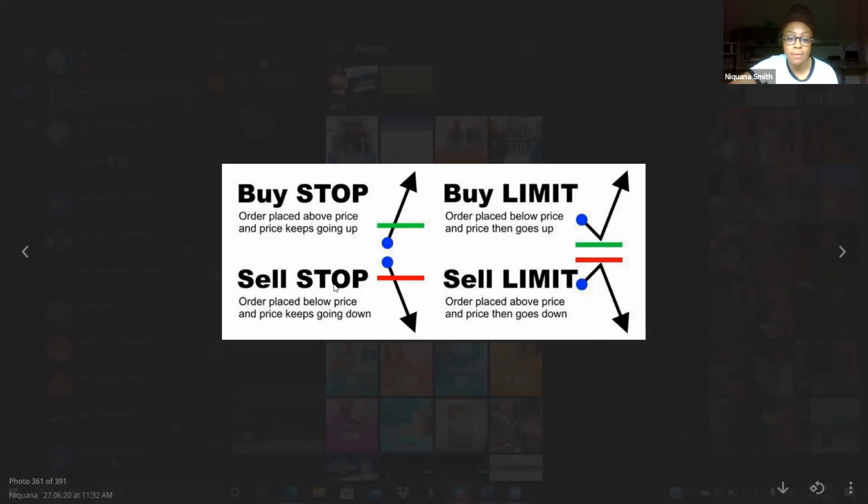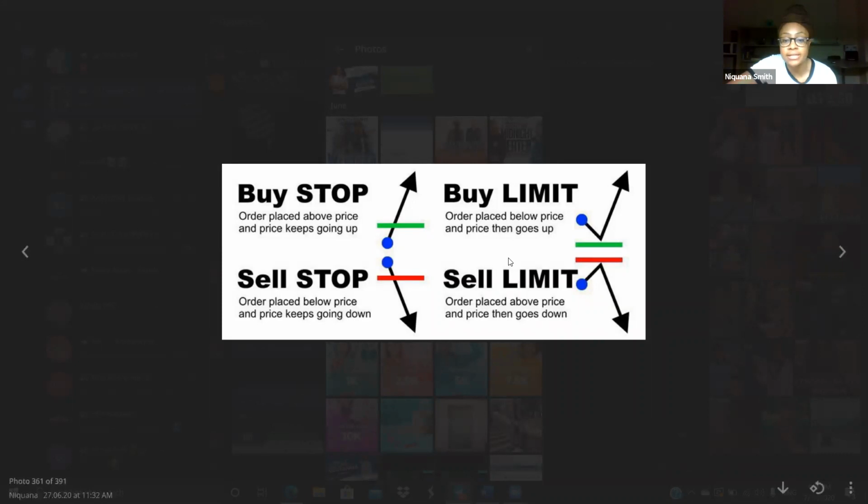A sell stop is just the opposite of a buy stop. So you have this entry here from your analysis, which you're expecting price to sell, hit this entry, and then you're automatically placed in the trade. But you're not placed in the trade until it hits that entry point.